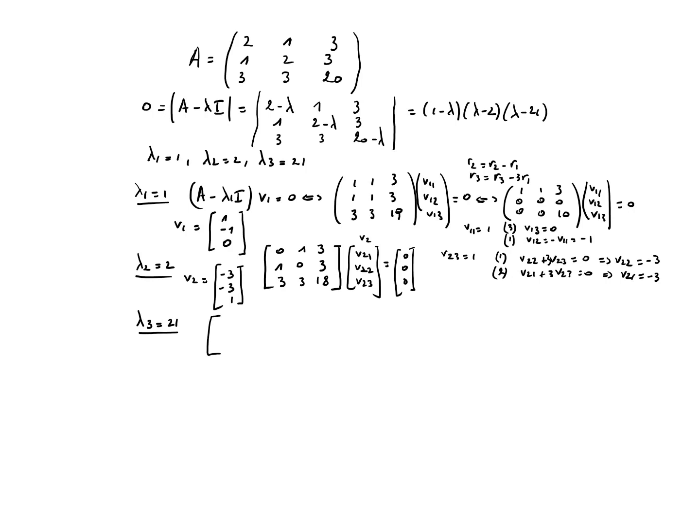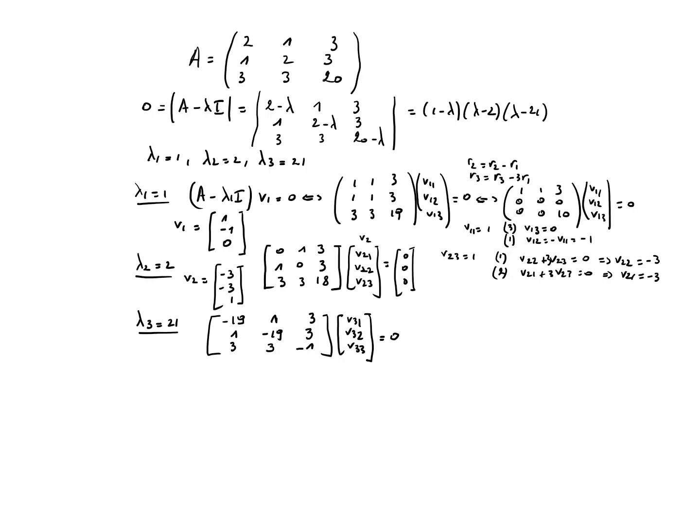system of equations. Okay, minus 19 1 3, 1 minus 19 3, and 3 3 minus 1 times v31 v32 v33 is equal to 0.